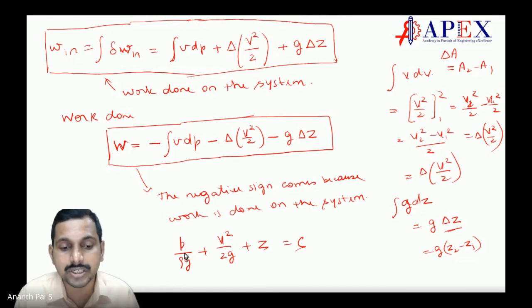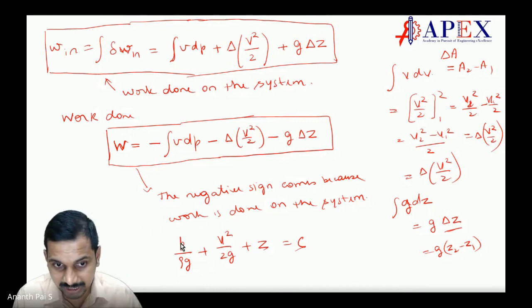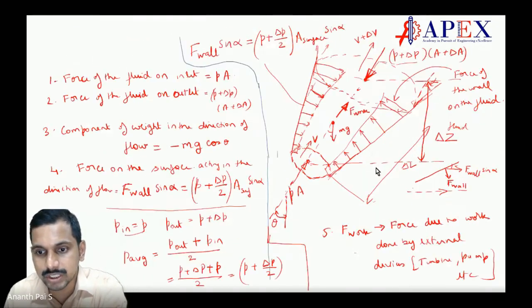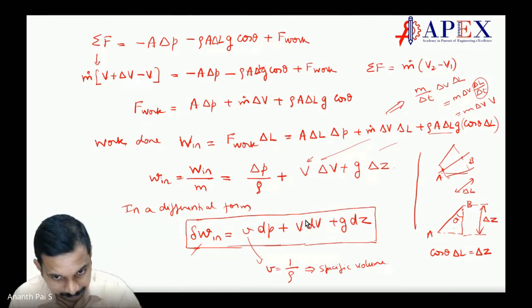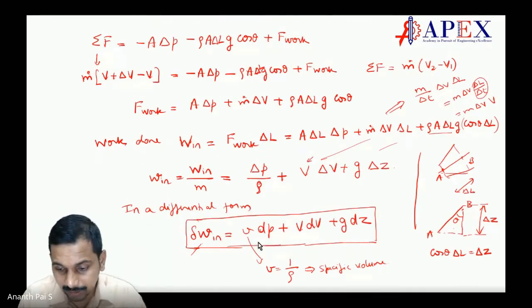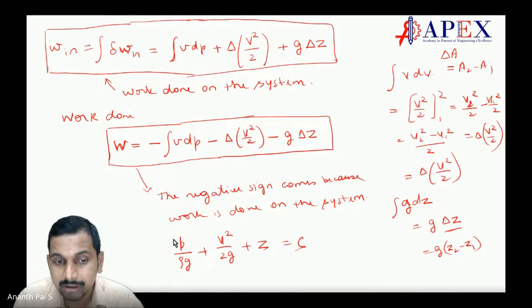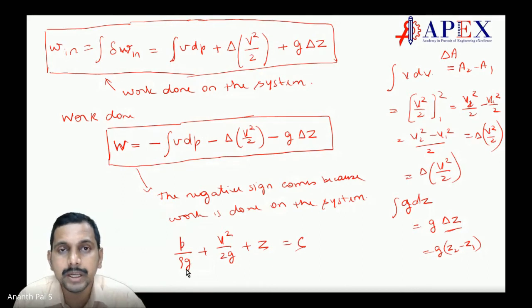Bernoulli's equation is change of pressure energy or flow work. What is flow work? We will see later. Here we are saying work done by the external agency like a pump, correct? And if you consider this one, this is flow work, which is P into V per unit weight.